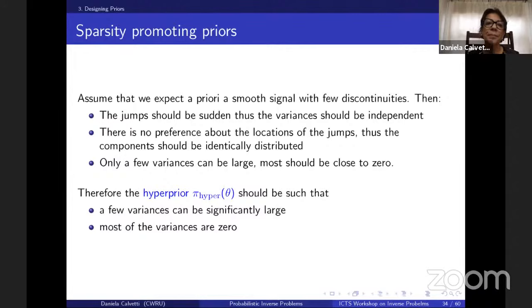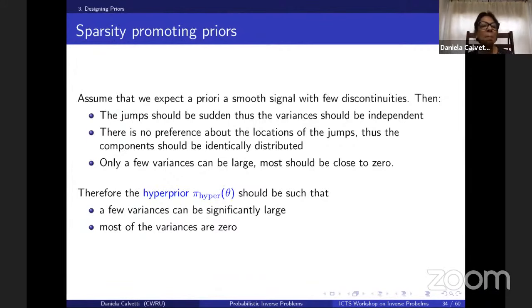I want to give you a sense of how powerful this idea of introducing an unknown variance of the innovation can be if we use it in a smart way, because it can give us, very cheaply, sparsity promoting priors that we can interpret, understand, and solve in a very computationally inexpensive manner.